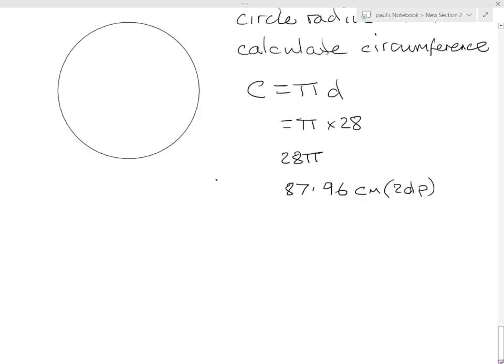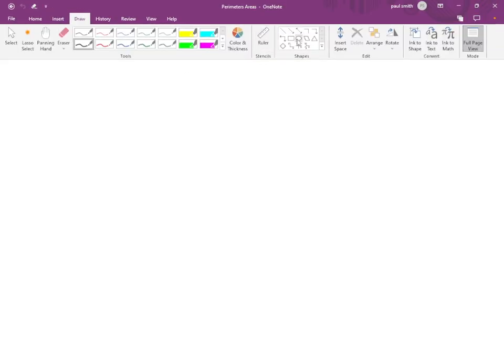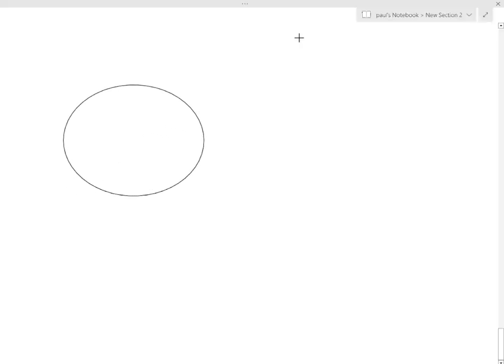Now the last bit, I don't remember how far we got. Let's do another circle. The last bit of this is the area of a circle. This is the radius.